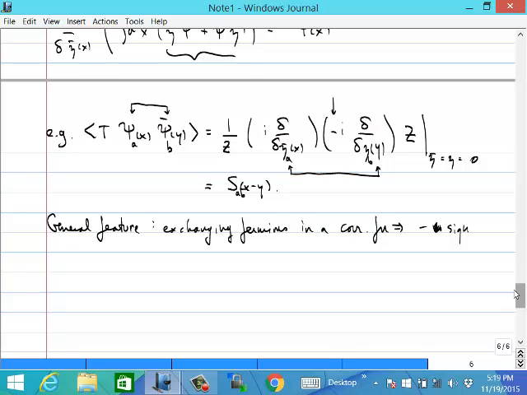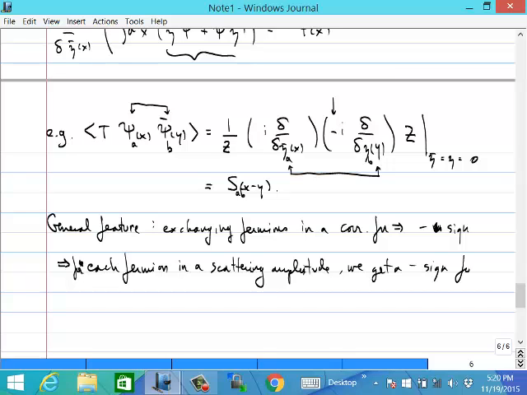Similarly, when we discuss the Feynman rules in momentum space for the discussion of scattering amplitudes, for each fermion in a scattering amplitude, you're going to get a minus sign if you exchange two fermions.